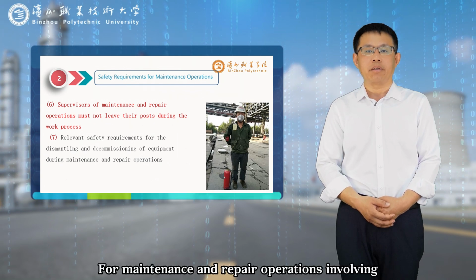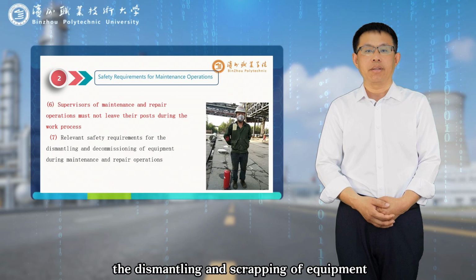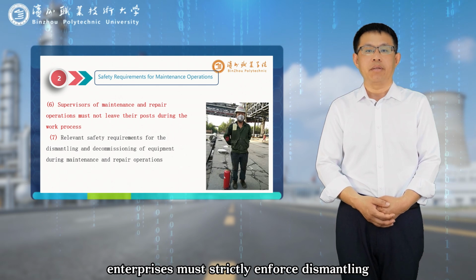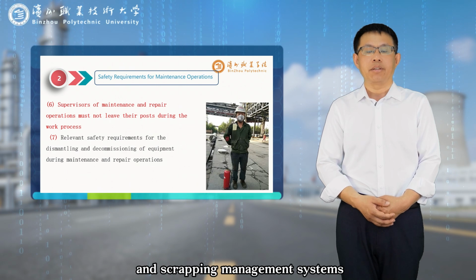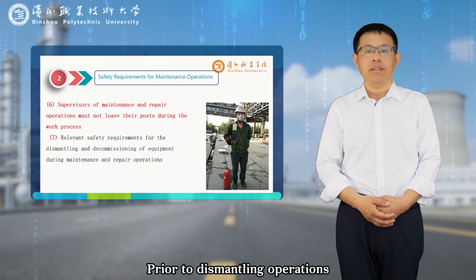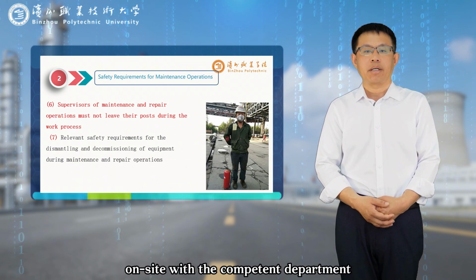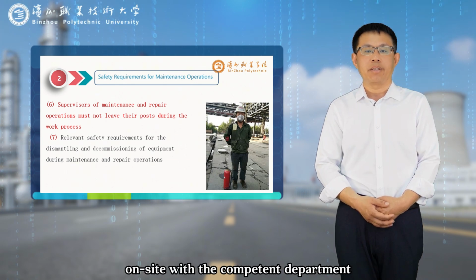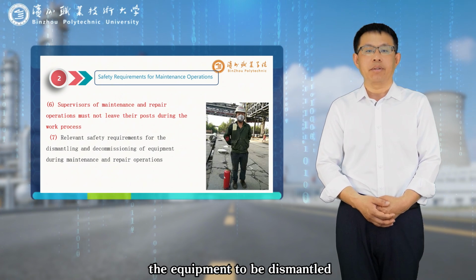Part 7. For maintenance and repair operations involving the dismantling and scrapping of equipment, enterprises must strictly enforce dismantling and scrapping management systems. Prior to dismantling operations, the person in charge of dismantling must coordinate on-site with the competent department and the using unit responsible for the equipment to be dismantled.